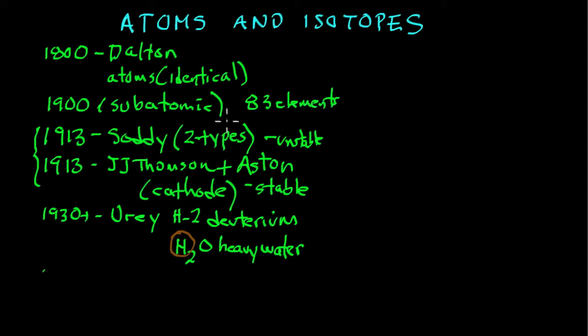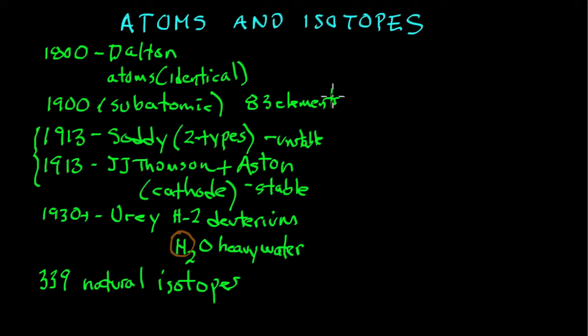But we could expand these elements, thanks to the idea of isotopes, to about 339 natural isotopes. That means they're in nature. And there are even many more that were unstable isotopes.